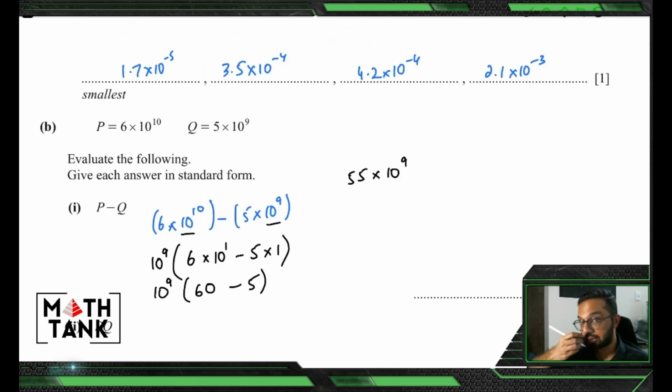But this is not in standard form. Standard form is when you have only one number to the left of the decimal. Right now the decimal is here, so I need to move it back here. If I am moving the decimal back, it increases the power of 10. So that becomes 5.5 times 10 power 10.